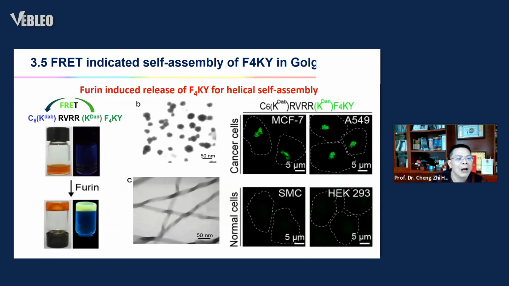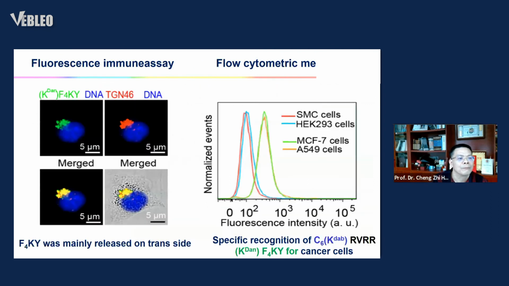In order to identify our design, we made a series of tests. The first one is the release of the assembly unit through the furin restriction. As you can see, the assembly unit forms nanoparticles without furin, and the presence of furin releases the assembly unit and forms helical fiber. If the release occurs in cancer cells, green emission named freight donor was clearly observed, indicating that delivery and release of the assembly unit was successful.